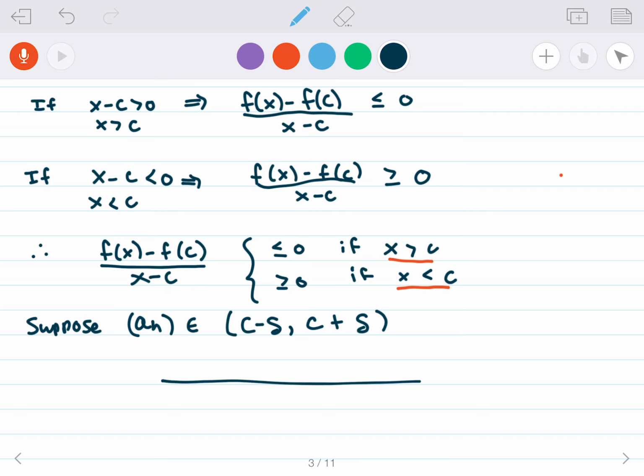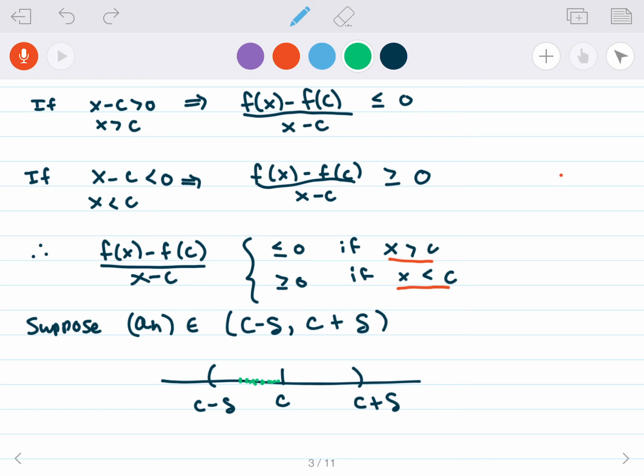Okay, so it looks like this. Let's draw it out. Here's c in the middle. Here's c minus delta. Here's c plus delta. And here's my sequence a sub n that is to the left of c. So x is less than c. That's the case we're doing here.